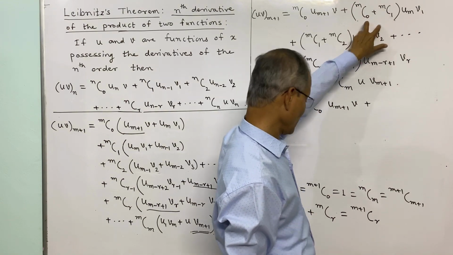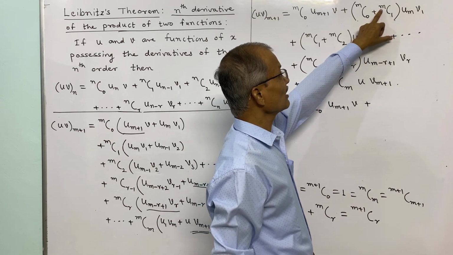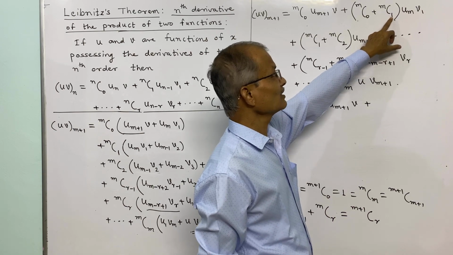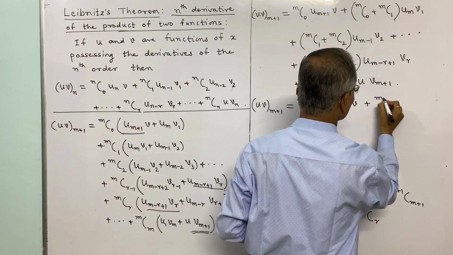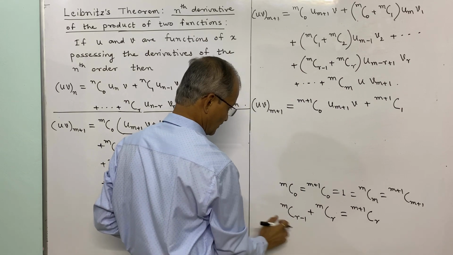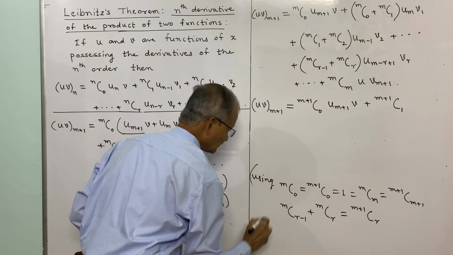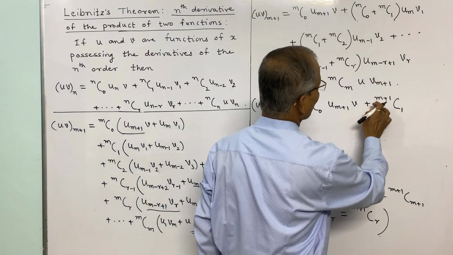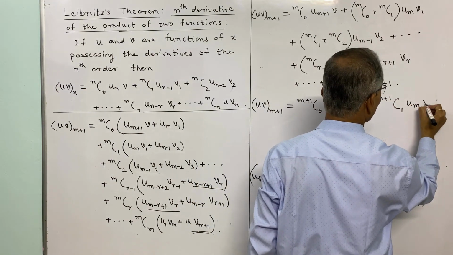So this sum is m plus 1, with r here being 1. So increase the upper number by 1 and keep the lower number the same, and therefore this bracket is m plus 1 choose 1 by this second result. Earlier we revised this, the same results we are using, and therefore m plus 1 choose 1 times the m minus 1th derivative of u into v1.